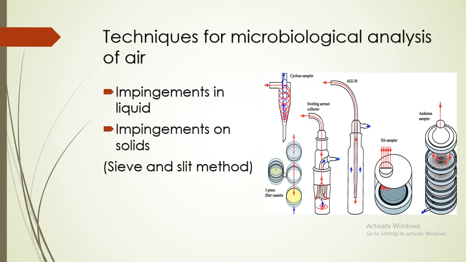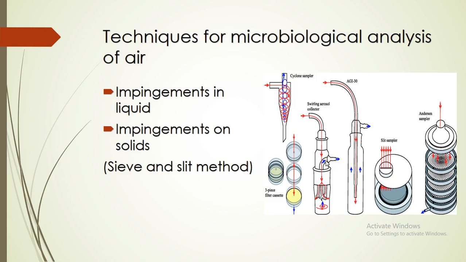Then after several hours or several minutes, you can take that petri dish, incubate it, and determine the colony count. Each colony usually represents a particle carrying a microorganism. It does not record the volume of air drawn, but it gives you information about the kind of microorganisms which may be present in a particular area.